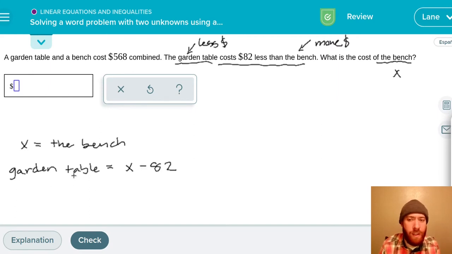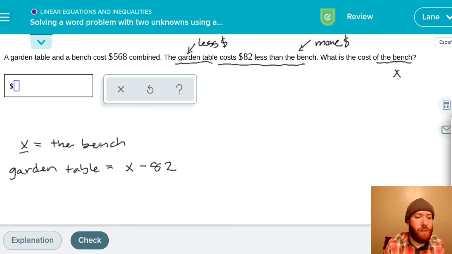Is the garden table less money than the bench? And the answer is yes, because if the bench was, say, $100, then the garden table would be $100 minus 82. And 100 minus 82 is certainly less than 100. So this checks out. So we've got an expression for the cost of the bench, which is simply x, and an expression for the cost of the garden table, x minus 82.